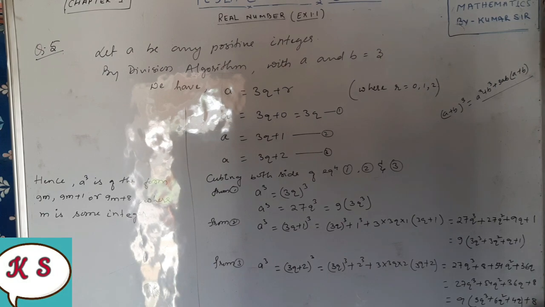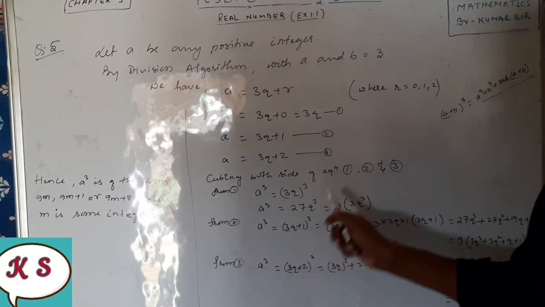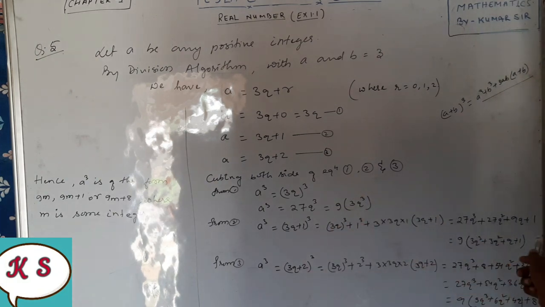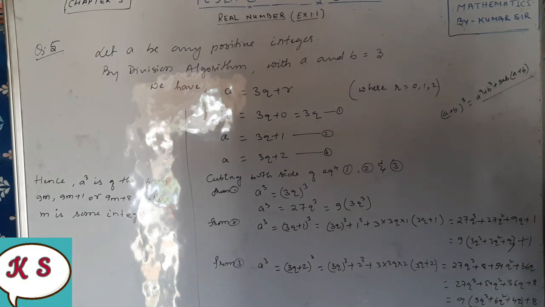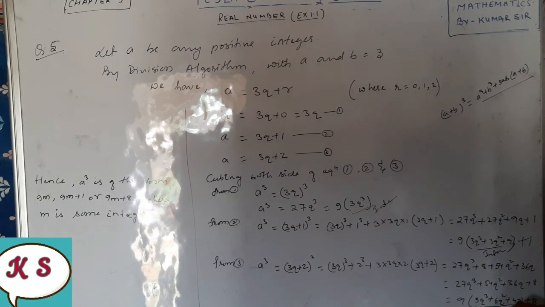Which implies that a cube is equal to 9 into an integer, or 9 into an integer plus 1, or 9 into an integer plus 8. These are nothing but integers, we are considering them as integers.